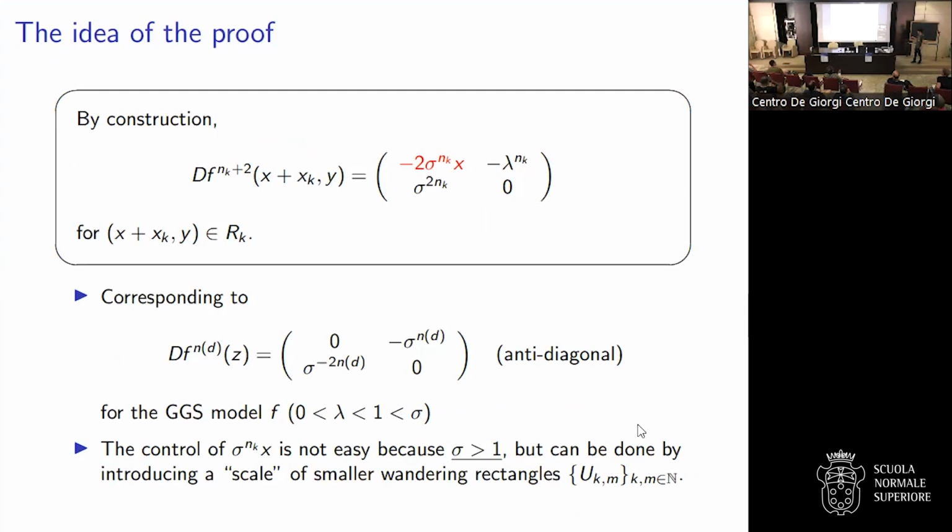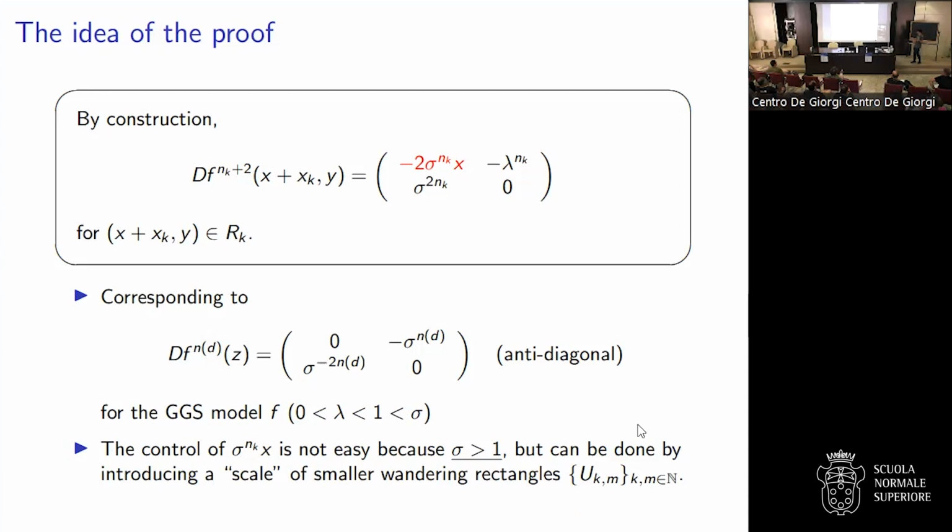Yeah. And sorry, I didn't say, but for the GDS model, the derivative also looks like this as a return map. And the point is that hyperbolic iteration and 90-degree rotation will make this anti-diagonal form of matrix. This makes every calculation simpler.